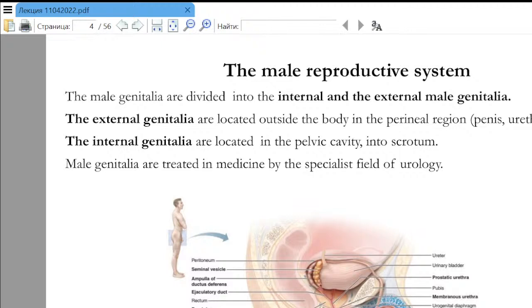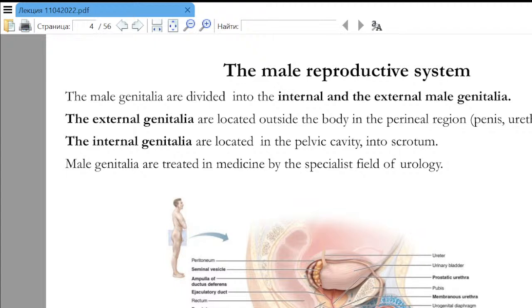The male reproductive system. The male genitalia are divided into internal and external male genitalia. The external genitalia are located outside the body in the perineal region: the penis, urethra, and scrotum.